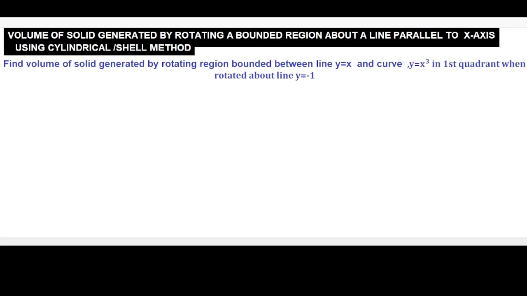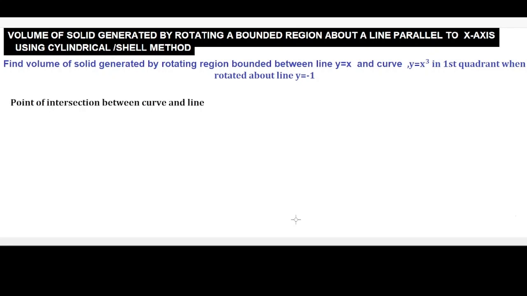So like before, we will start by finding the point of intersection between this line and the curve, to draw the graph for both, and then identify the region bounded between them in the first quadrant.